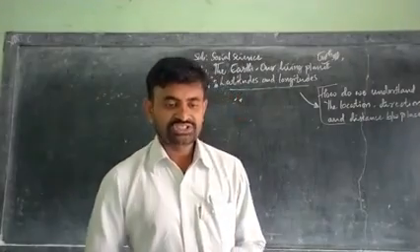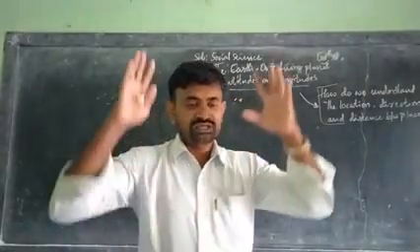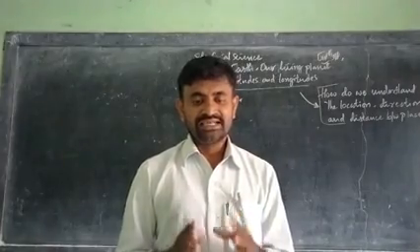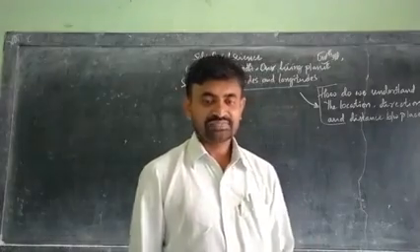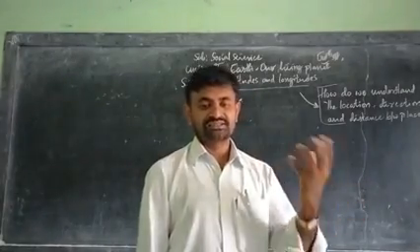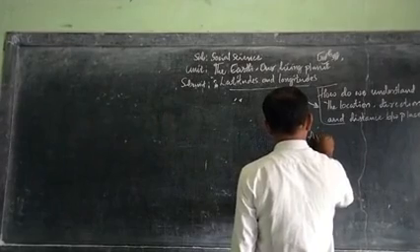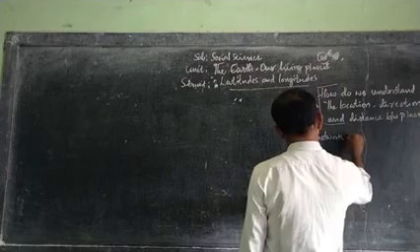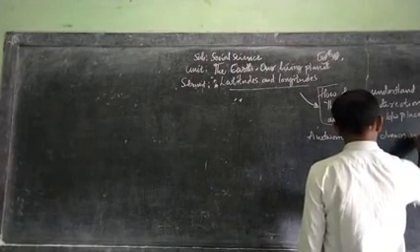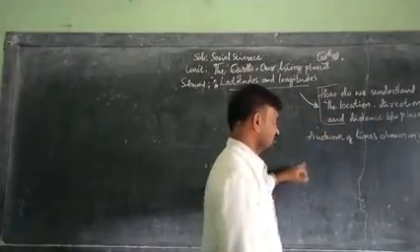So, to know the position, distance and direction, east and west or north and south, a network of lines is drawn on the globe, known as lines of latitudes and longitudes. A network of lines drawn on the globe.